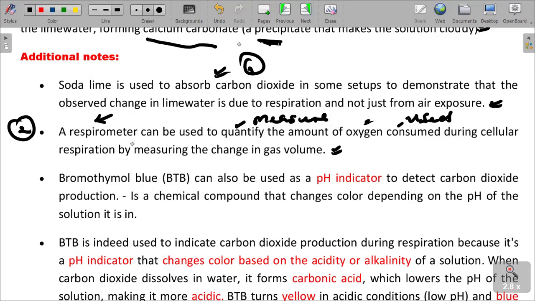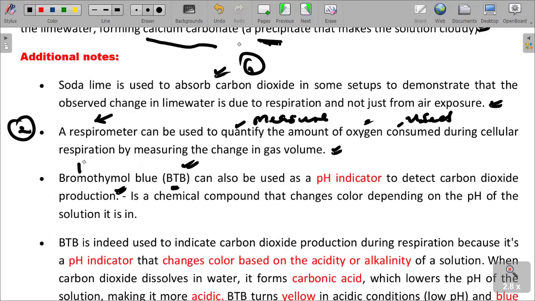Bromothymol blue, which is BTB, can also be used as a pH indicator. So in terms of detecting the presence of carbon dioxide, we can also use bromothymol blue. It can be used as a pH indicator to detect carbon dioxide production. This is a second option.